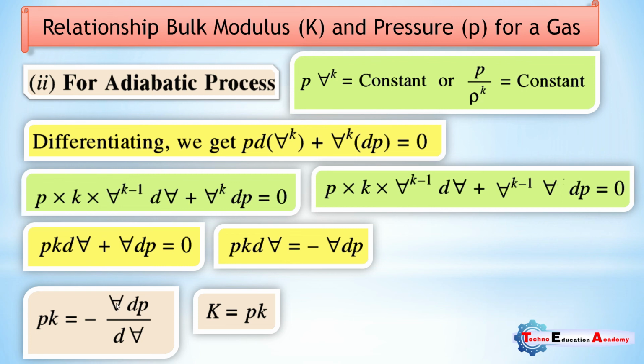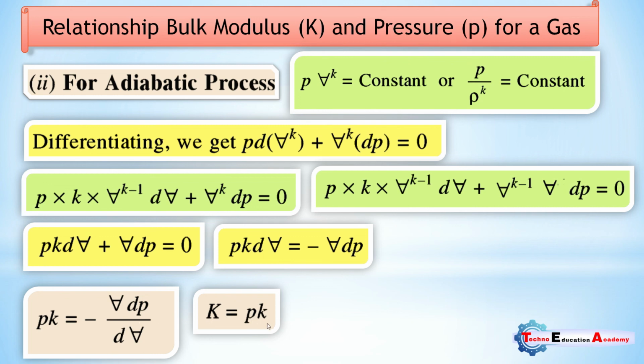We can also write it in this form. We can rearrange this equation as dP by dV by V, where dP is the increase of pressure and dV by V is the volumetric strain. So instead of this term, we can write K, called the bulk modulus.